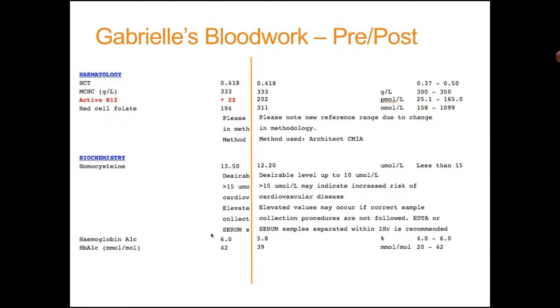So this is before and after. This is after 5 weeks. And we've got vitamin B12, just not ideal. Again, I would like to see just a little bit more than 165.